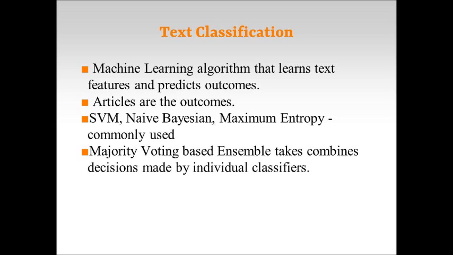So we use something called a majority voting ensemble, where we use 3 machine learning algorithms and pick the majority of the outcomes suggested by these 3 algorithms. For example, the SVM is one text classification algorithm, which when run on a particular set of features would give a set of outcomes. Similarly, the naive Bayesian and the maximum entropy. So 2 out of 3 of the outcomes is what we pick as the final outcome of the text classification.